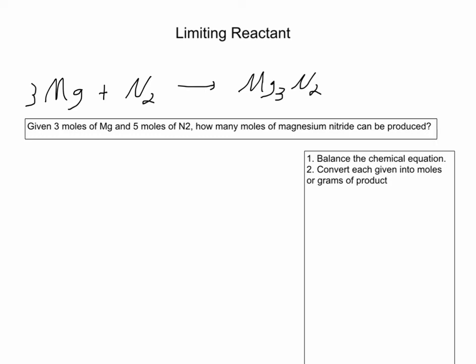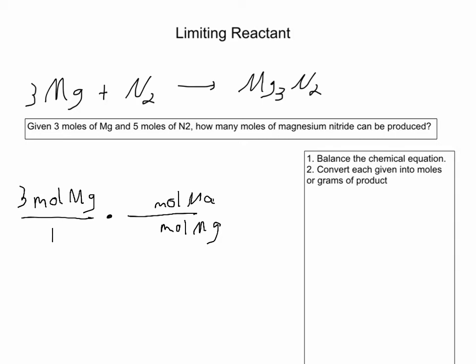So let's do that. We'll start with magnesium. 3 moles magnesium over 1 times mole of magnesium on the bottom. And then because we need to convert to a new compound, we convert moles to moles. Moles of magnesium nitride.